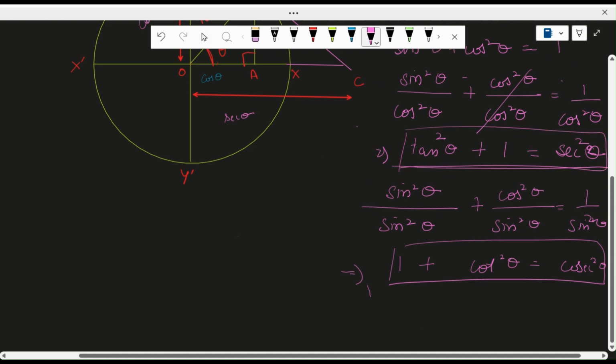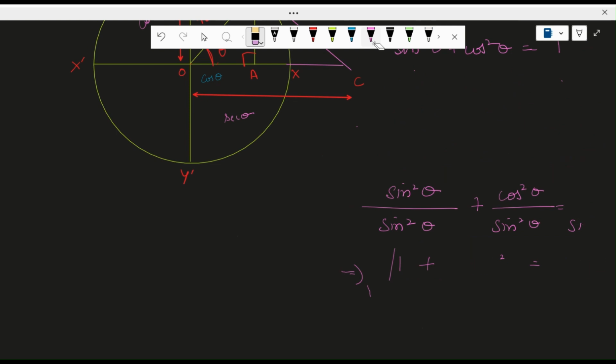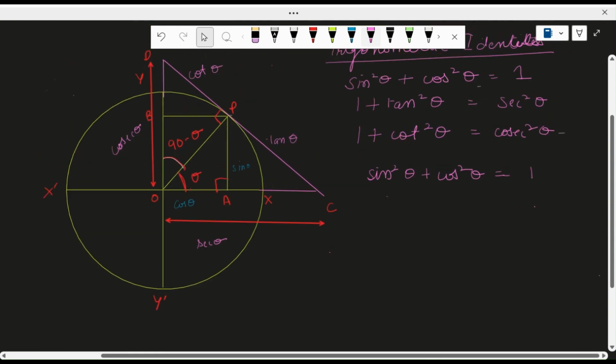Now let me show you how to calculate these identities with the help of the diagram, so that you have an idea how we can calculate identities through diagrams also, rather than just deriving them from one another.